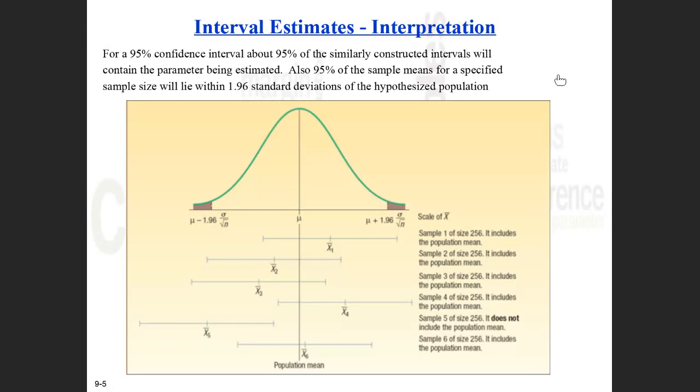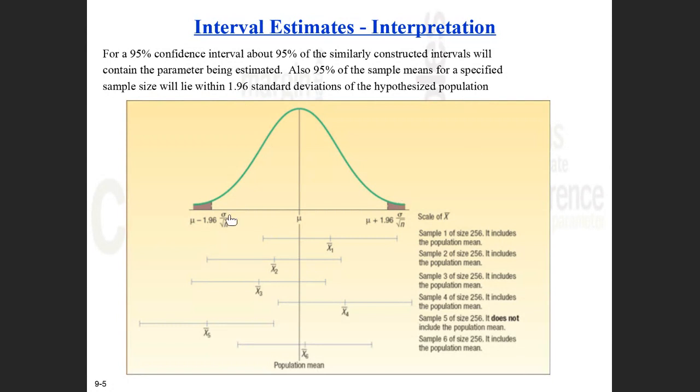So for a 95% confidence interval, about 95% of the similarly constructed intervals will contain the parameter being estimated. Also, 95% of the sample means for a specified sample size will lie within 1.96 standard deviations of the hypothesized population mean.